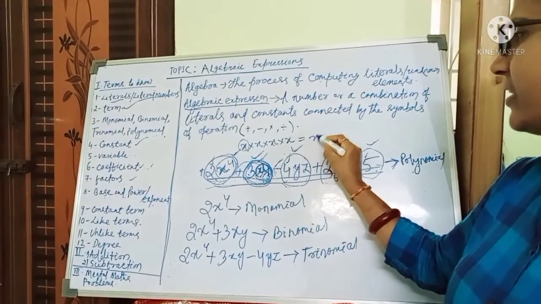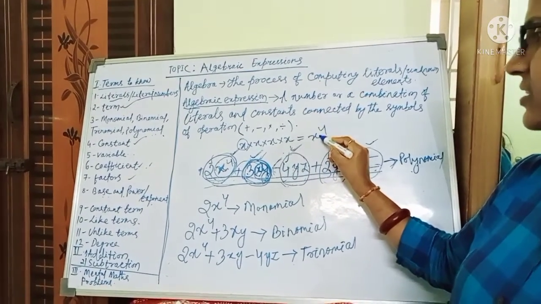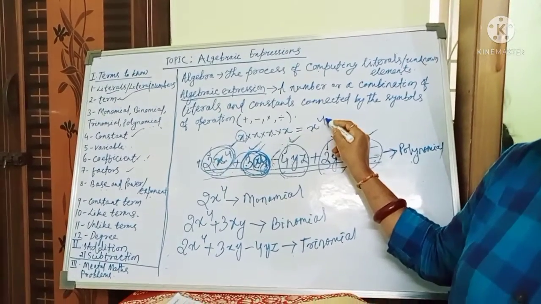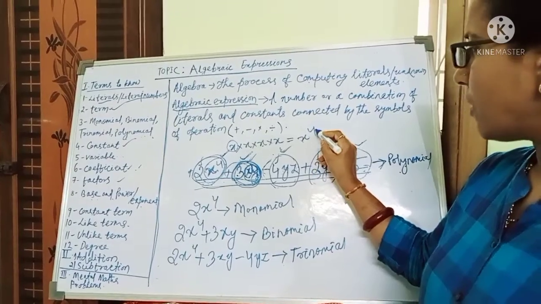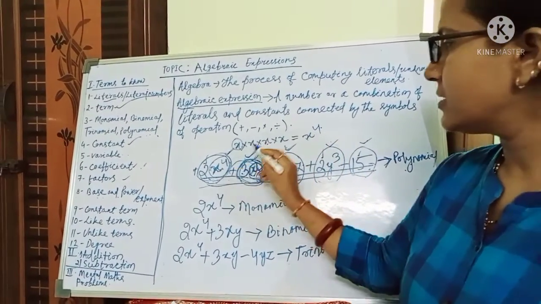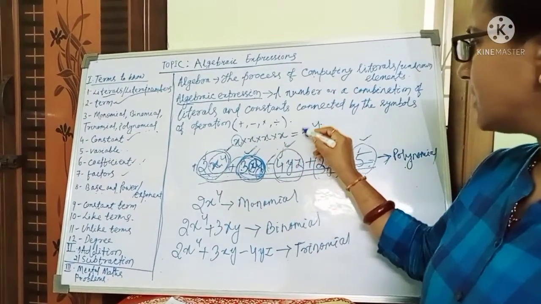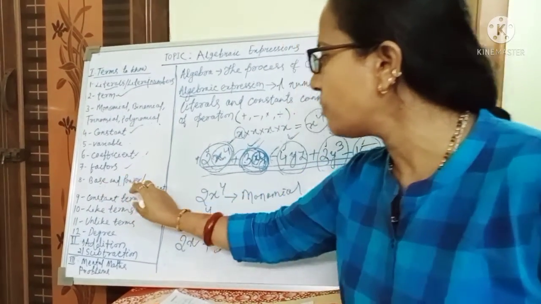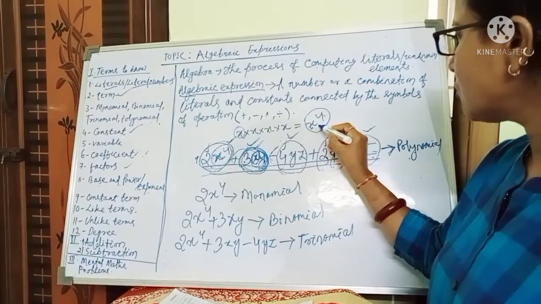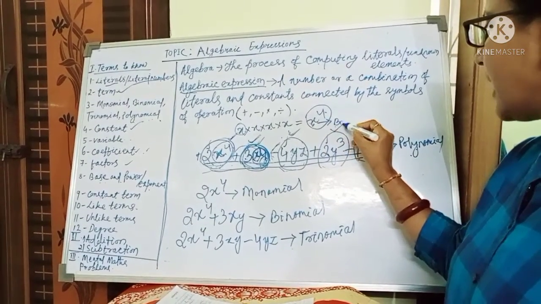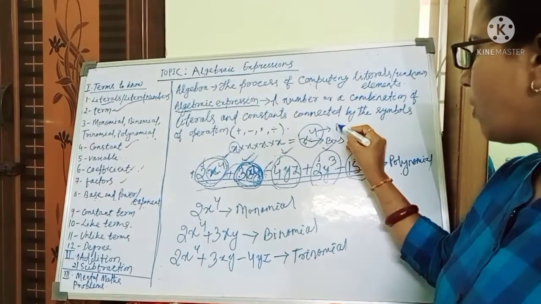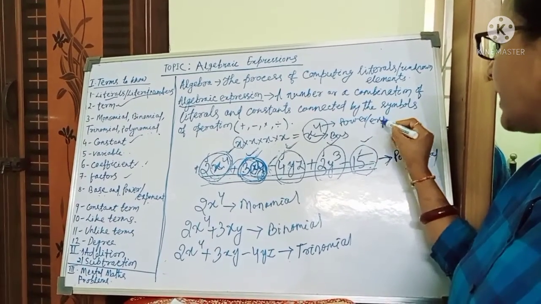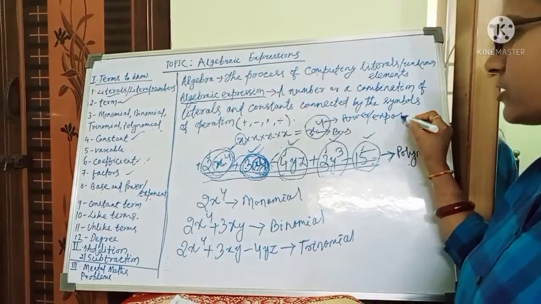We read it as x is raised to the power of 4 or x to the power of 4. So here, what is the base and power? This x is known as the base and 4 is the power or exponent.